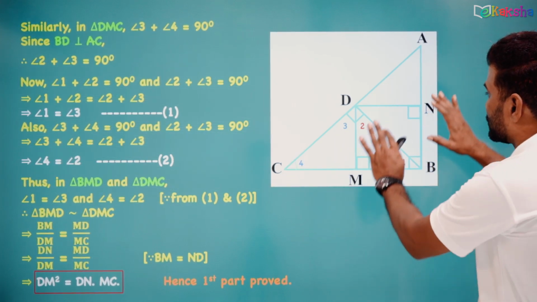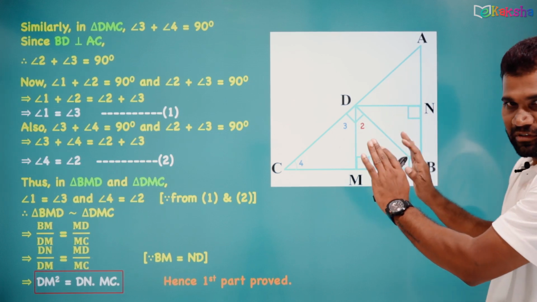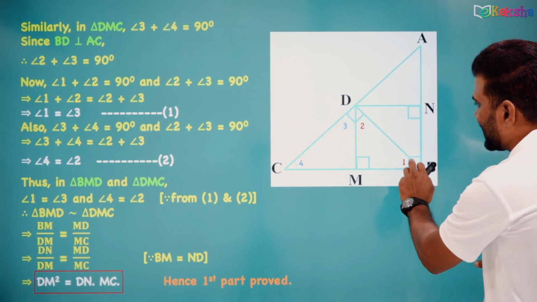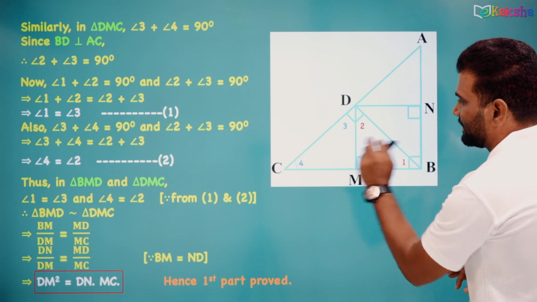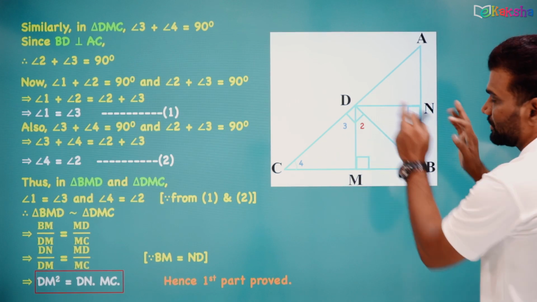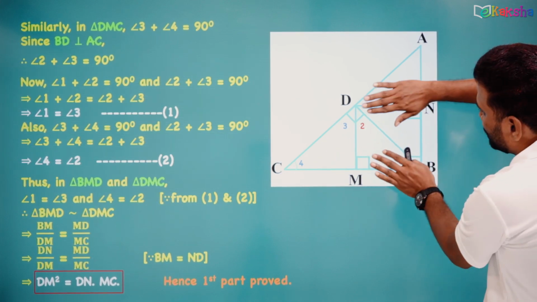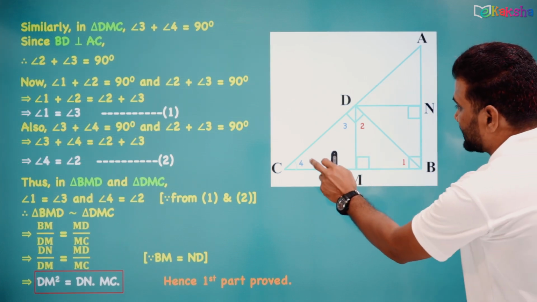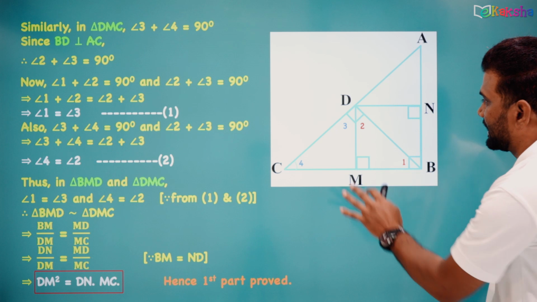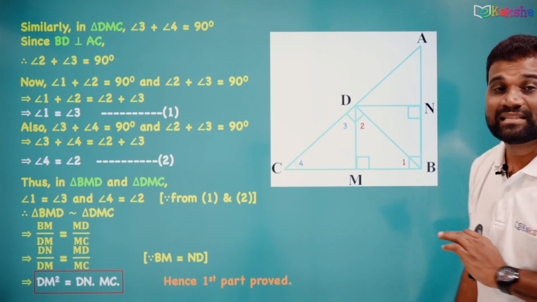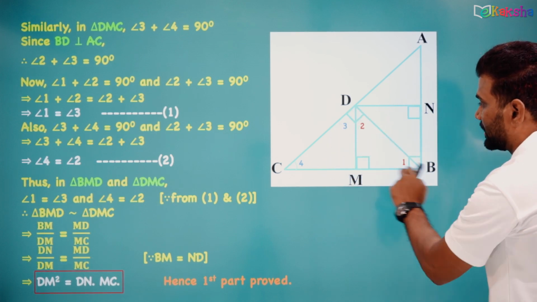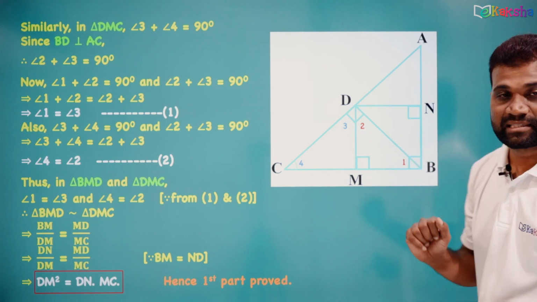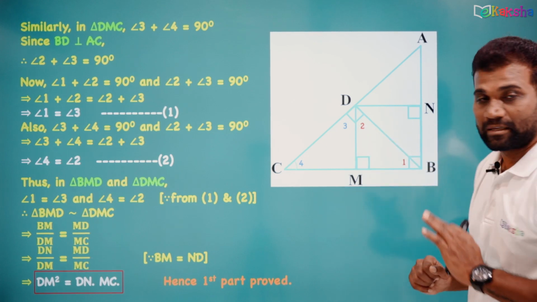So what have we done? Simple. Using this entire information, we have proved this angle equal to this angle equal to this angle, as well as this side equal to this side. So these two triangles are similar. When two triangles are similar, corresponding sides are proportional.